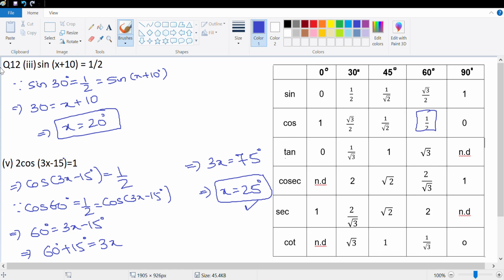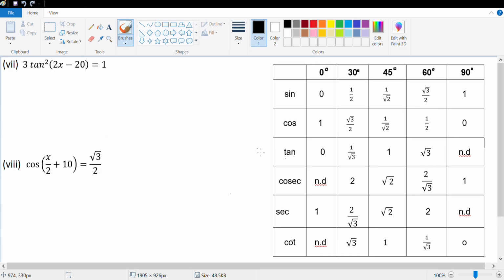Let's look at the next one. The next one that we're doing is question number 12, part 7. 3 tan square 2x minus 20 degree is equal to 1. So what this means is tan square 2x minus 20 degree is equal to 1 upon 3. This means tan 2x minus 20 degree is equal to 1 upon root 3, taking square root of both sides.